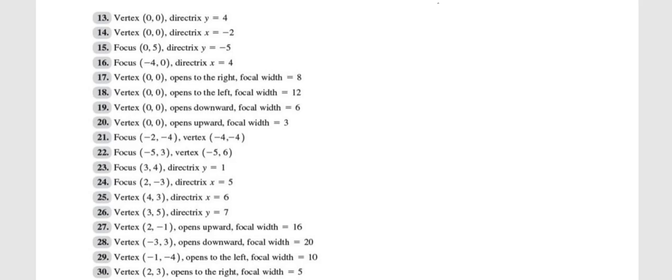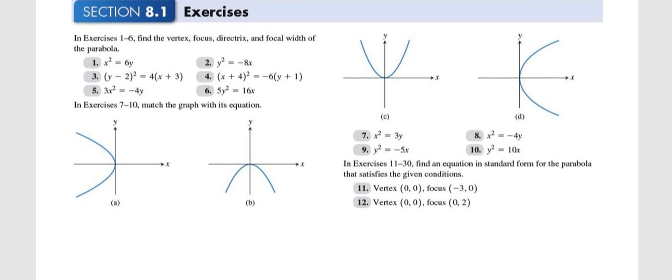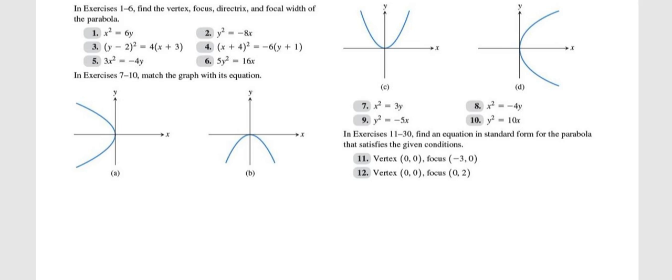All right. What was the next one you said? 23 and 3. Okay. Let me go back to 3 first, and then I'll go to 23. Okay, so we got 3 here. Find the vertex.